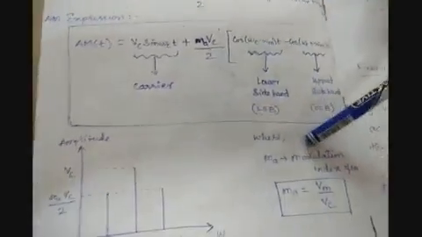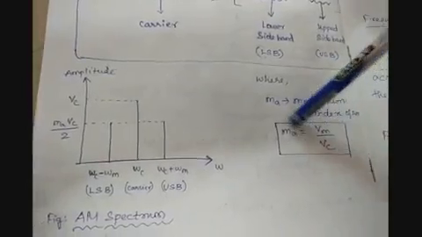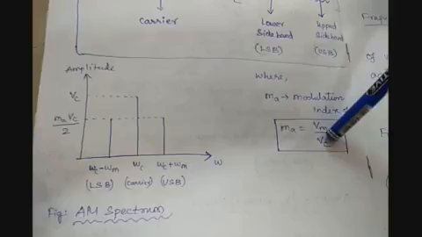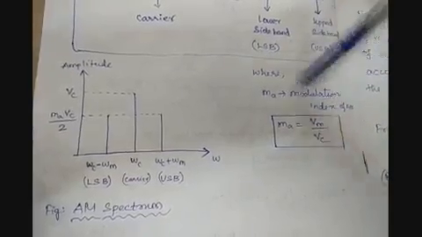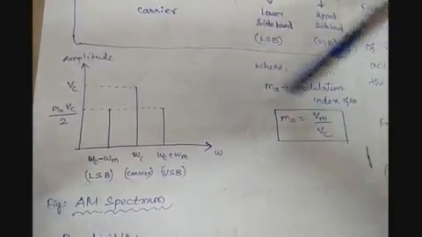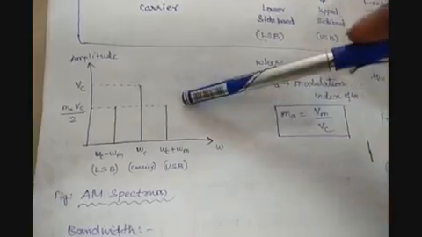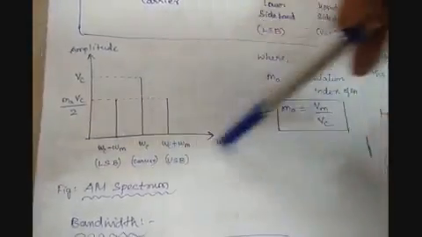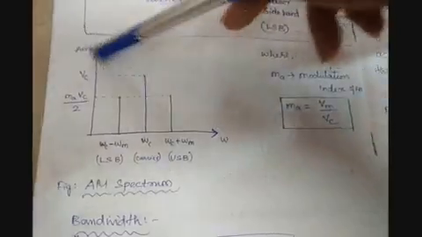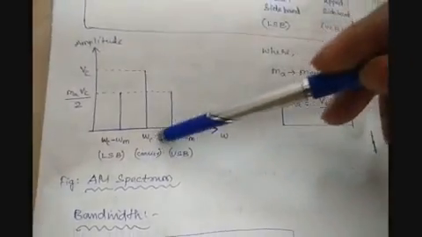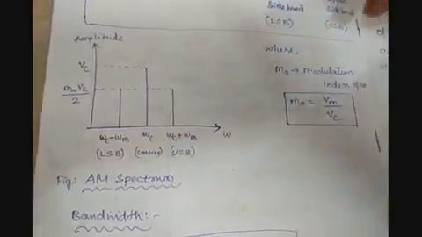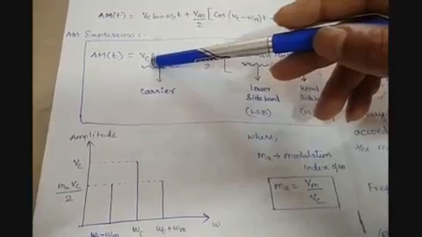Here I have given MA as the modulation index, and MA is equal to Vm by Vc. We'll see more about this modulation index later. So this is the AM expression, the AM spectrum. I'm taking frequency on the x-axis and amplitude on the y-axis. With respect to omega c, the amplitude is Vc.